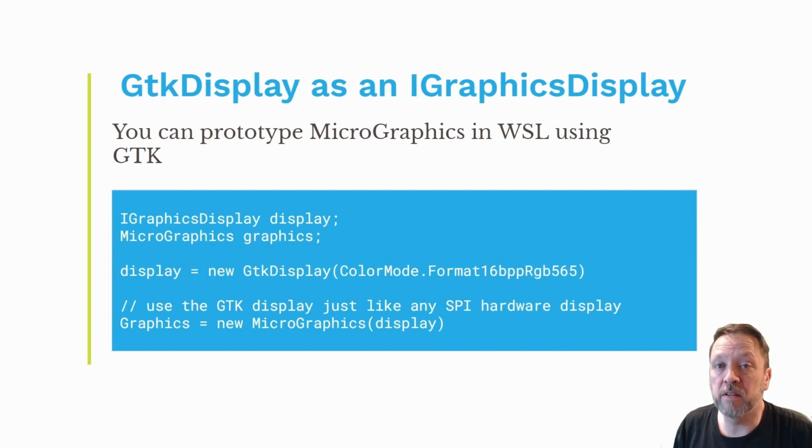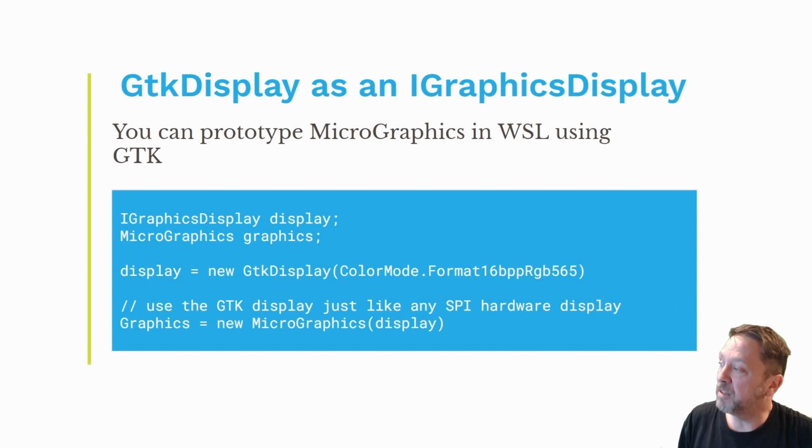One of the interesting things that Meadow.Linux brings is the GTK display. The GTK display is an implementation of iGraphics display, which all of our other SPI displays implement. So what this means is you can prototype things that you do in micrographics using WSL and GTK using this type of display.